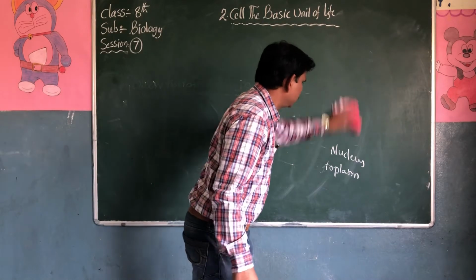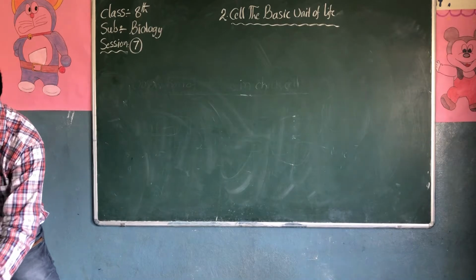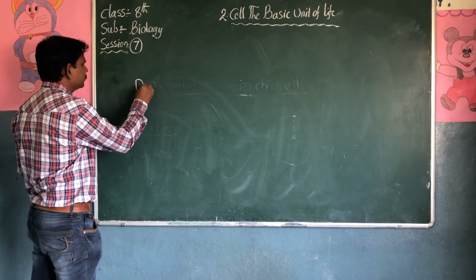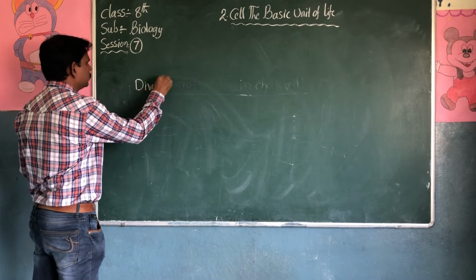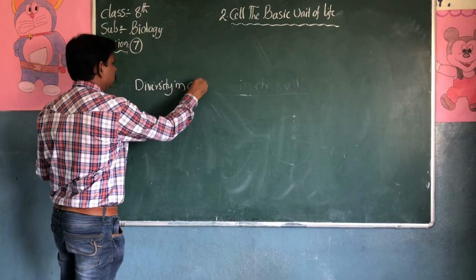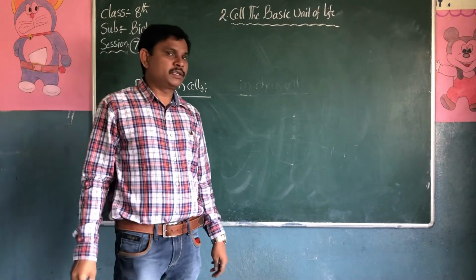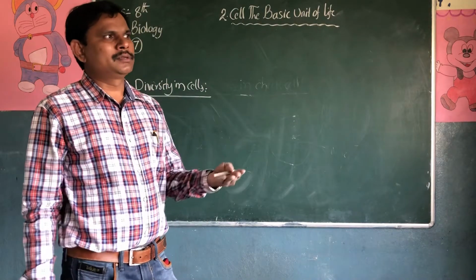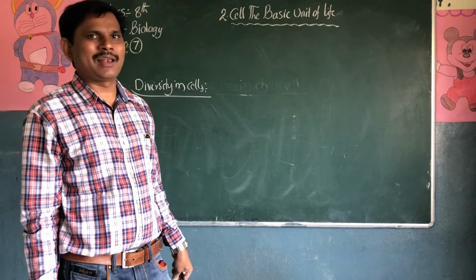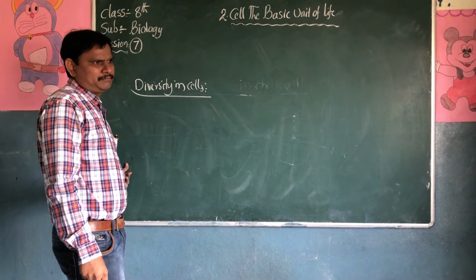Lastly, we will discuss diversity in cells. We discussed different types of cells, like single cells such as amoeba, paramecium, chlamydomonas. Unicellular, uni is nothing but single.